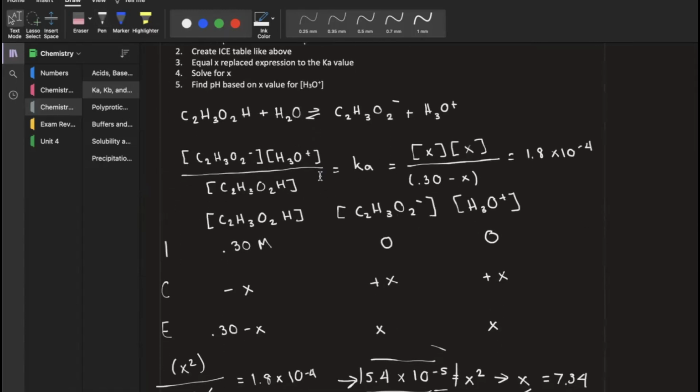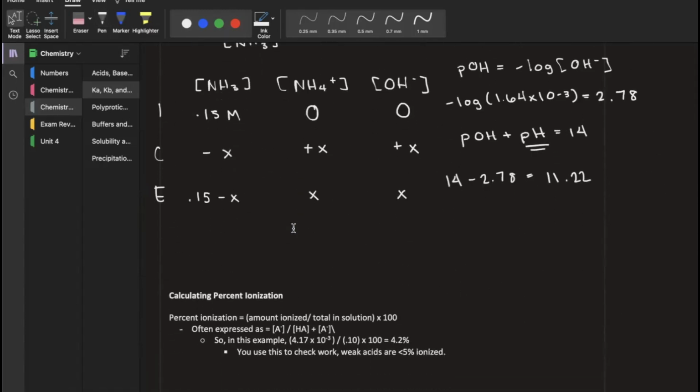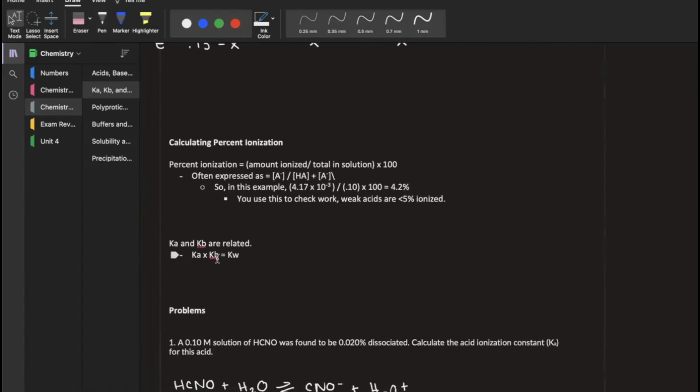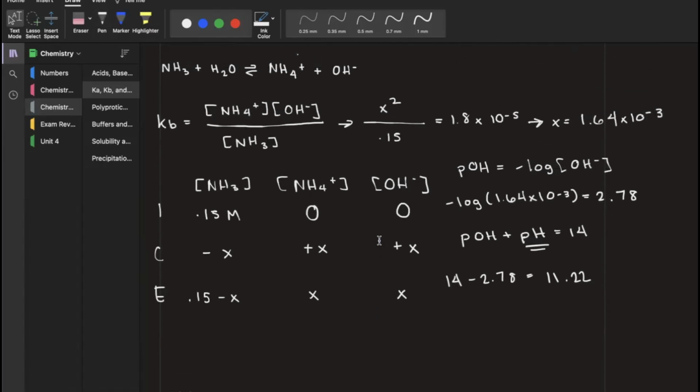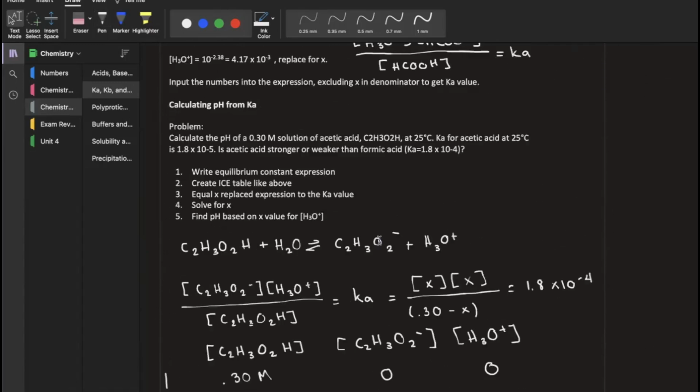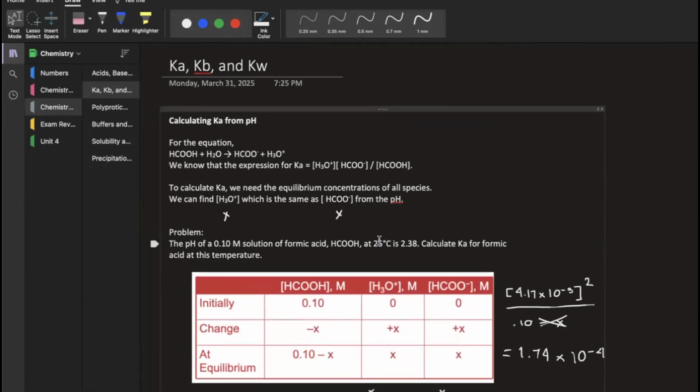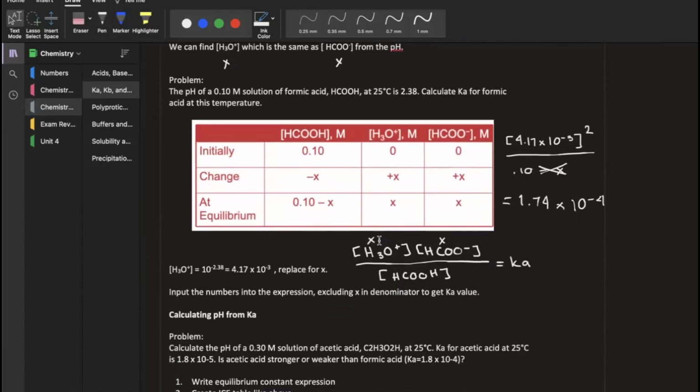I recommend remembering that Ka times Kb equals Kw, and also how to find percent ionization, which is the amount ionized divided by the total in solution times 100. So essentially, your X divided by your initial times 100. And that's about it for this.